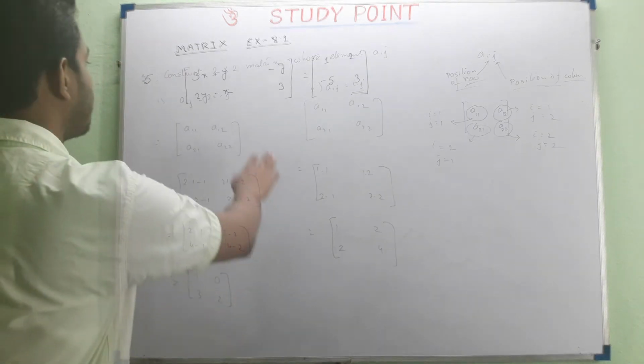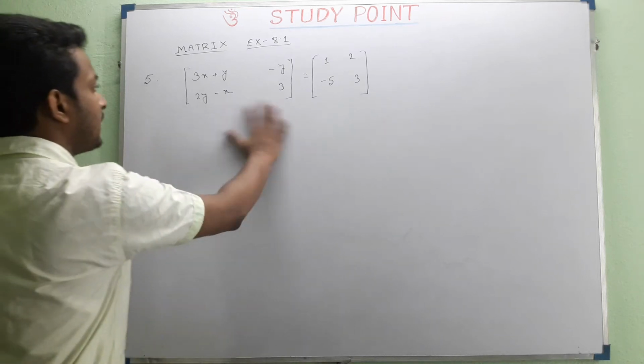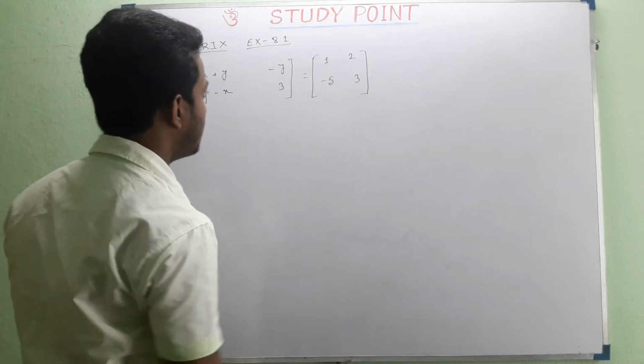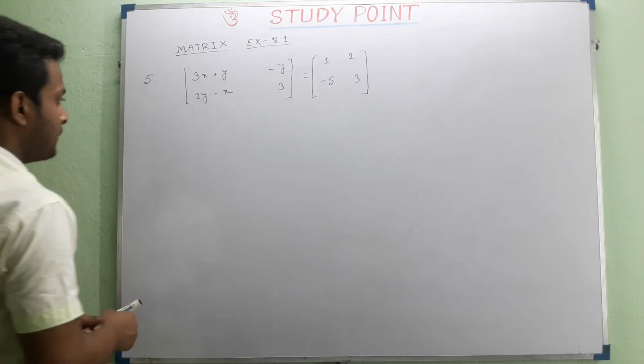Now the next one is question number 5. As you can see, the order of this matrix is 2 by 2 and this is also 2 by 2. Because they are equal, the corresponding elements will be equal.